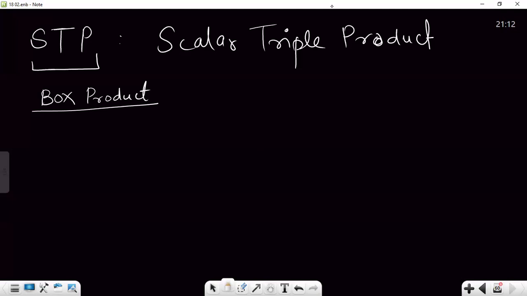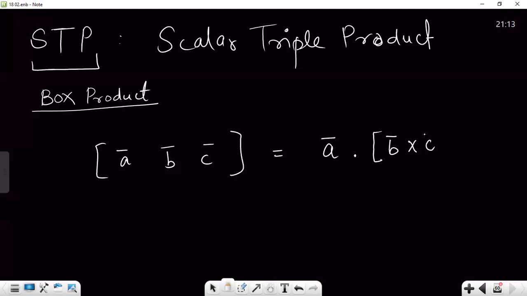It is also known as a box product. As there are three vectors, if we box them, this represents a scalar triple product. What we'll be doing here is that the A vector is getting scalar multiplied with the cross multiplication of the B vector and the C vector.